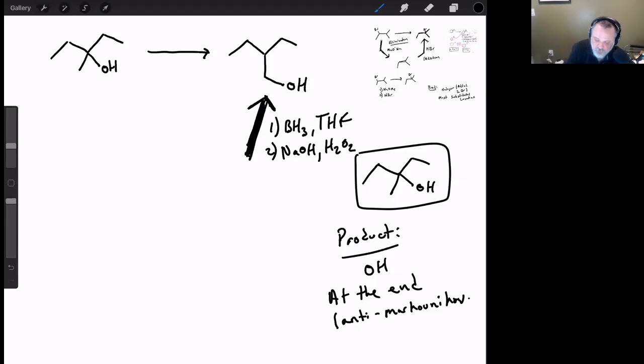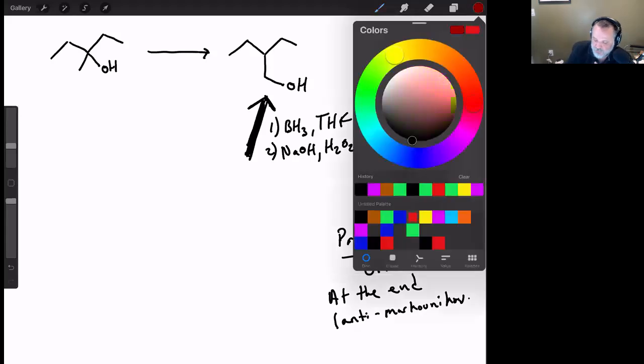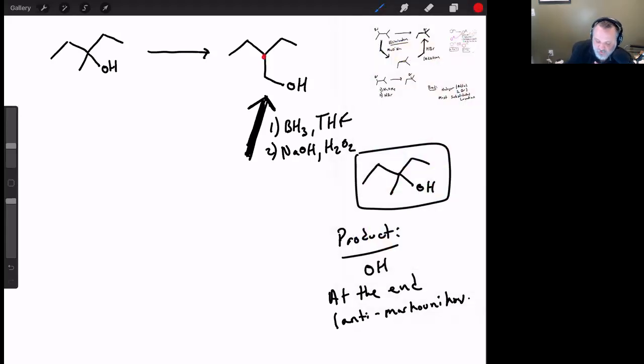And that's hydroboration oxidation. Then we have to say to ourselves, well, where would the double bond have been in order to add the OH there? Well, remember that the OH adds across a double bond. And if it's going to add in the least substituted location, then the double bond must have been between those 2 points.